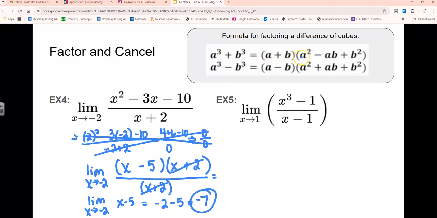And I will have a squared minus a times b plus b squared. Okay? So, let's look at how we could factor here. And then for the minus, it's just the signs. That first sign is the same. The second one is different. The last one's always positive, right?